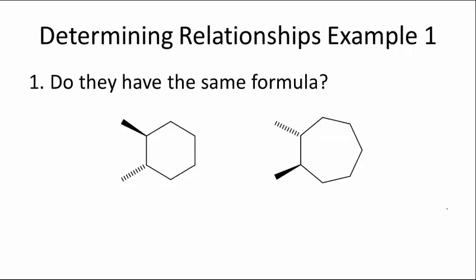The question you would ask yourself is, do they have the same chemical formula? And the answer in this case is, well, the one on the left has a 6-carbon ring with 2 methyl groups off of it. The one on the right has a 7-carbon ring with 2 methyl groups off of it. Do they have the same chemical formula?